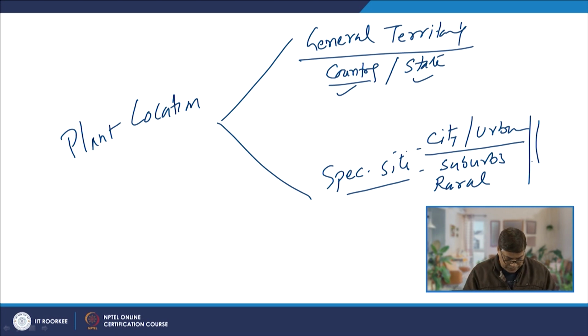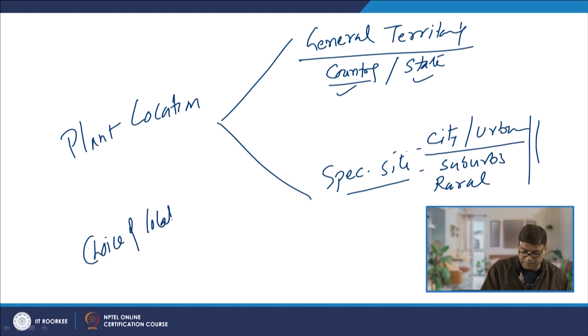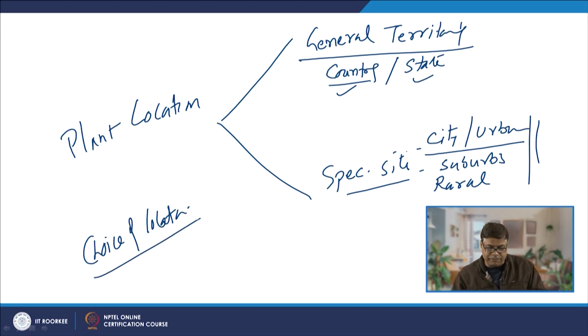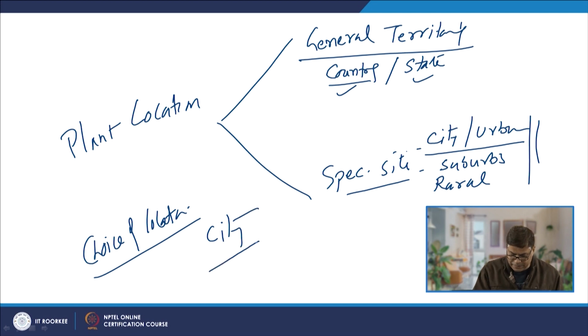So, what are the various aspects related to the suitable choice of location? What are the factors that are favorable or unfavorable with regard to locating the plant close to the city, in suburbs, or in the rural areas?